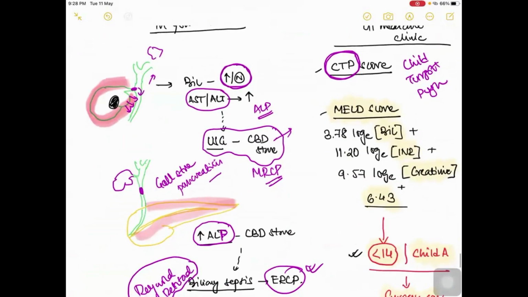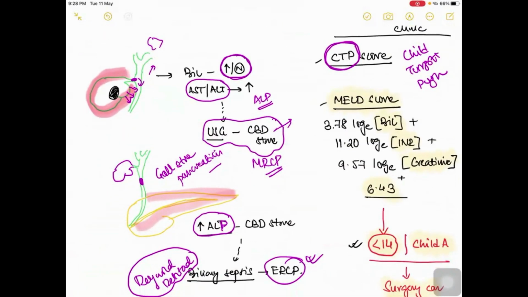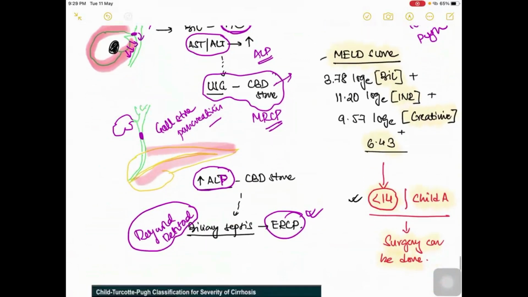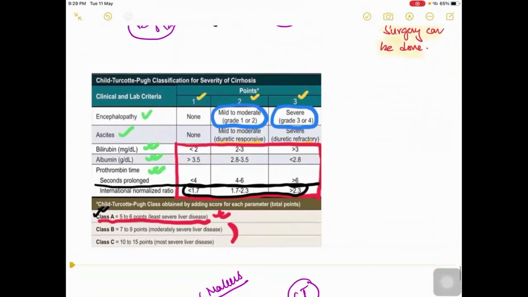Okay, right. Swaptik, just one point. Can you go to the Child score, that picture? Yes. See, for everyone who is seeing this class, remember that the most important thing for a surgeon to remember is this table. I tell my residents sometimes to have it tattooed on the back of their hands.